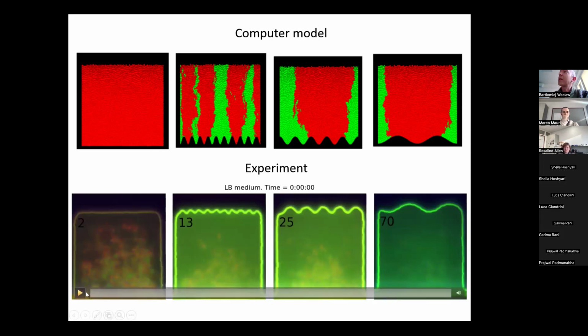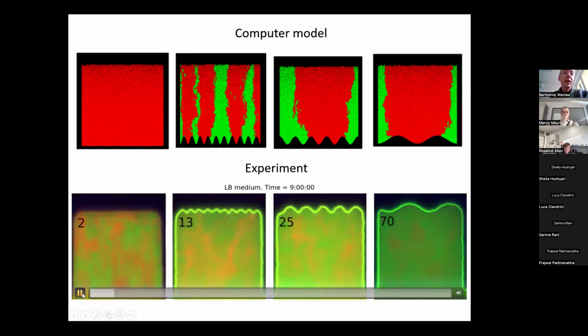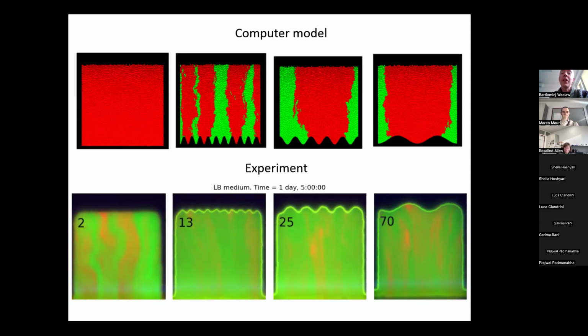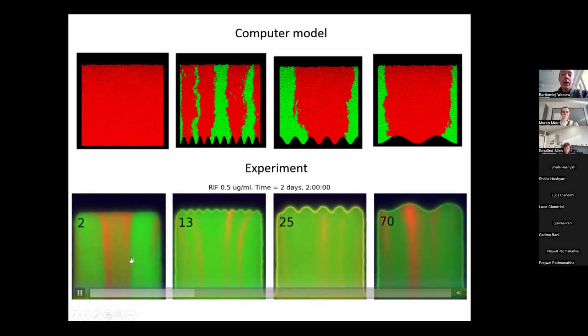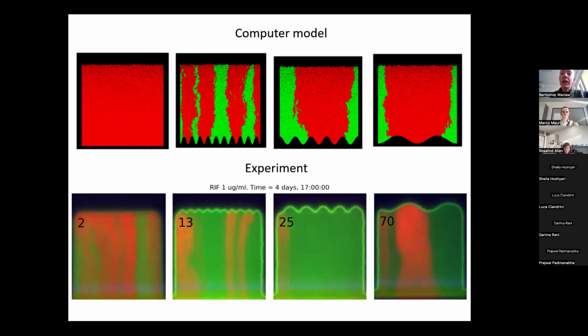This mutation doesn't do much when there is no rifampicin in the environment. So when we start this experiment, the red strain, which is initially much less abundant, forms tiny sectors, but these sectors do not really expand very much until we start adding rifampicin, because this gives the resistant strain a selective advantage.